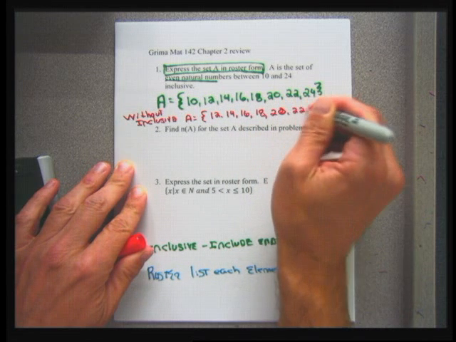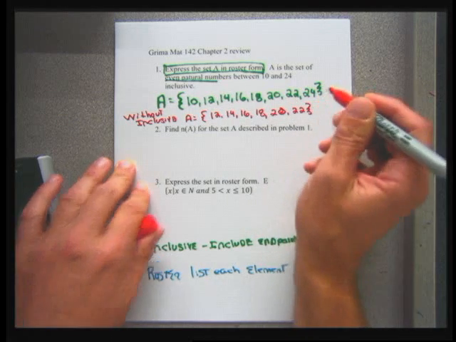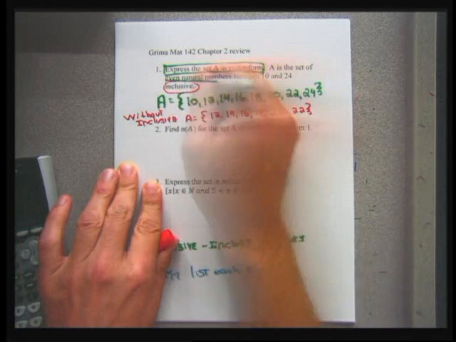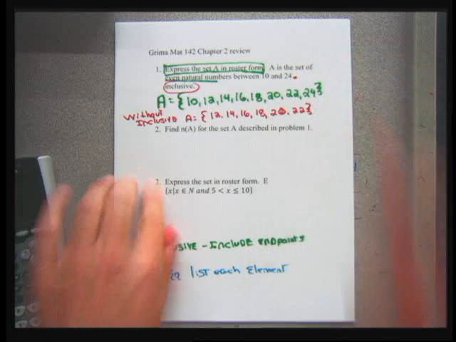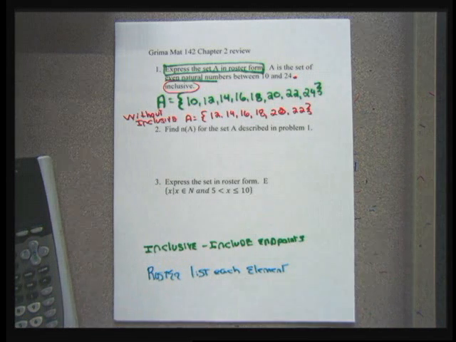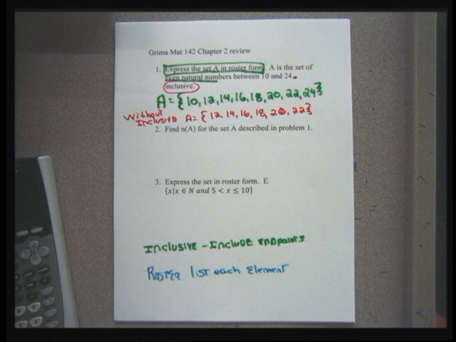If this word wasn't in the problem and there was a period right after the 24, then I wouldn't have included the 10 and the 24. So the word between, in general, doesn't include the first and the last number that you see, but when I see the word inclusive, that forces me to put in the first and the last number.